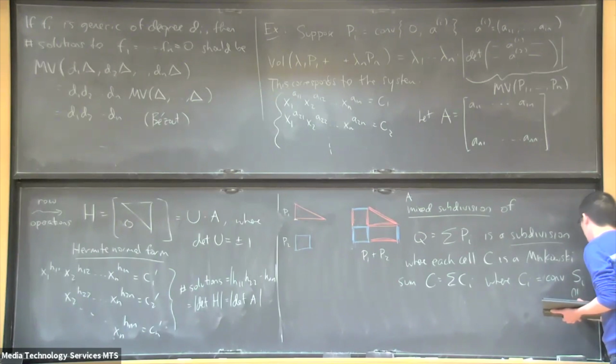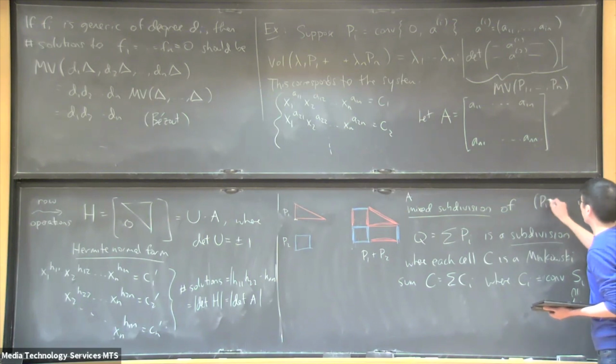Si is going to be a subset of the points Ai that I'm interested in. Here I'm given that Pi is equal to the convex hull of some points.